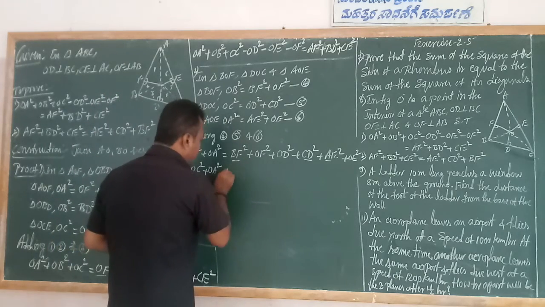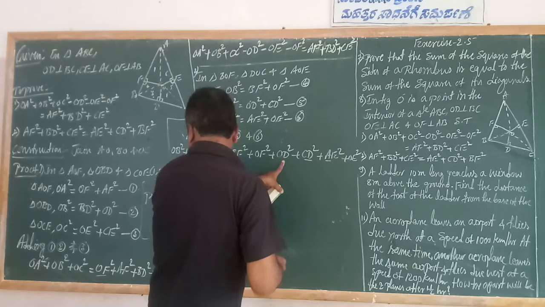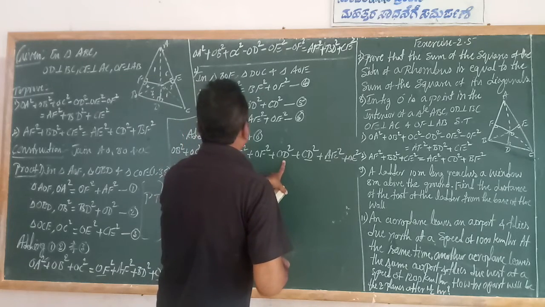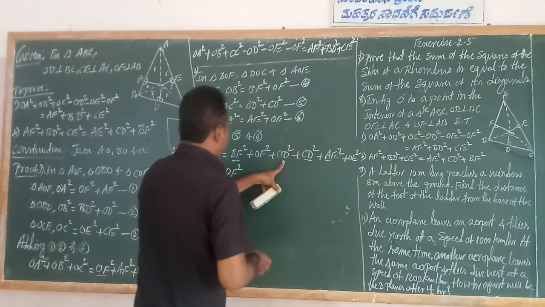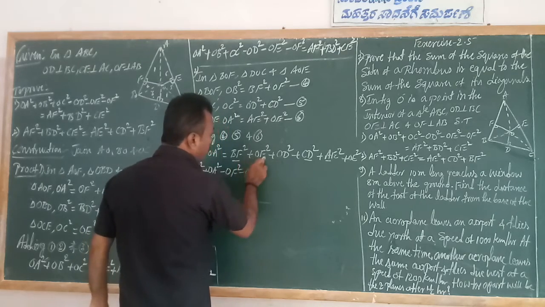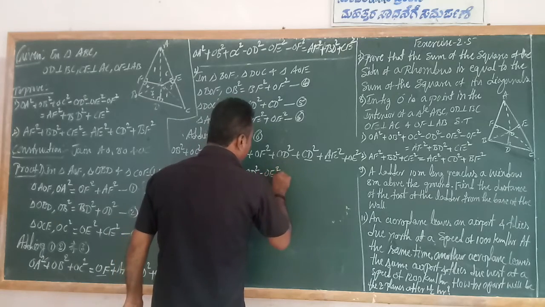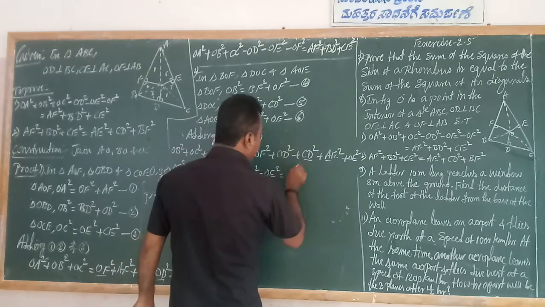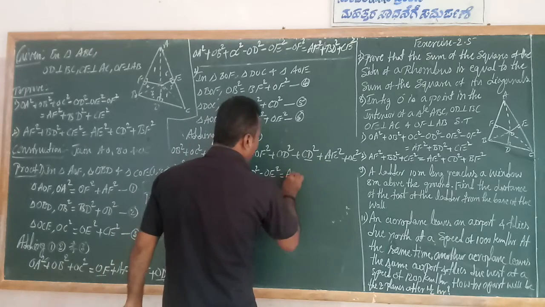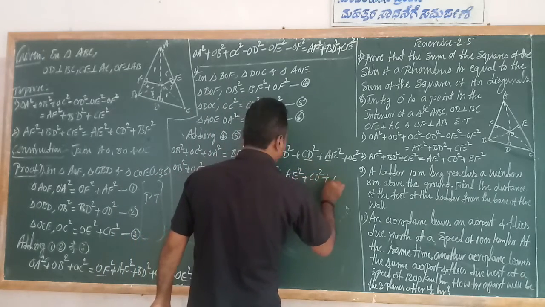So what is that? Minus OF square, minus OD square. First OF square minus OD square, remaining OF or OD I said, and remaining minus OE square. It is equal to, what is the remaining here? AE square plus CD square plus BF square.